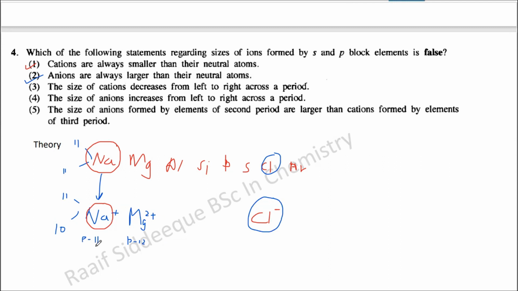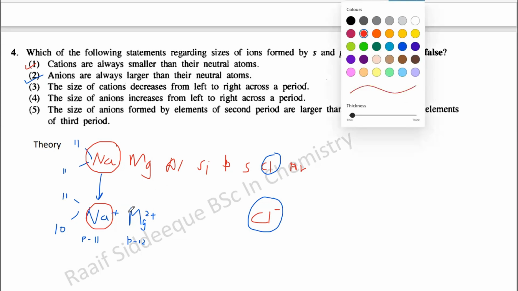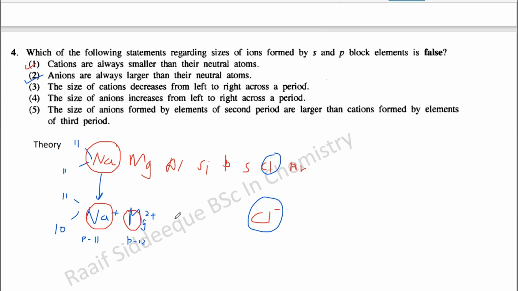When the number of protons increases, the effective nuclear charge increases. So the size of magnesium 2 plus gets even smaller than sodium. This statement is correct, it decreases.